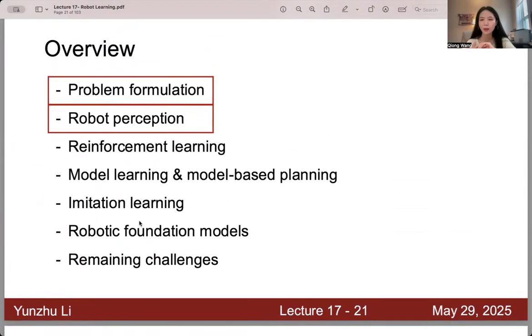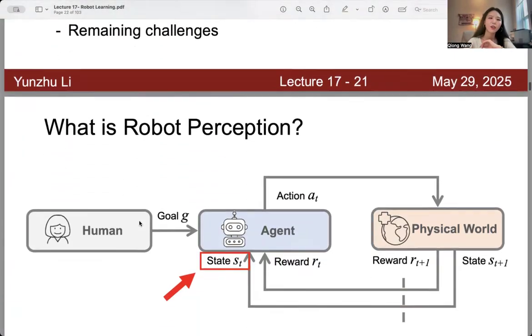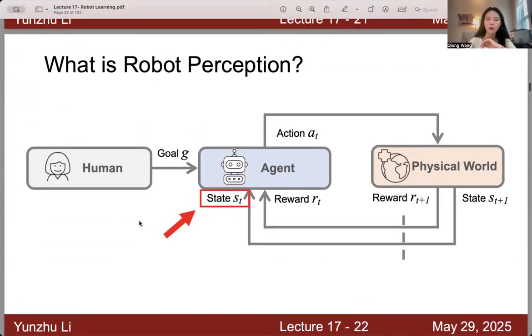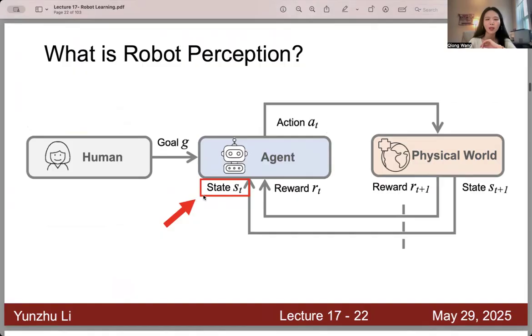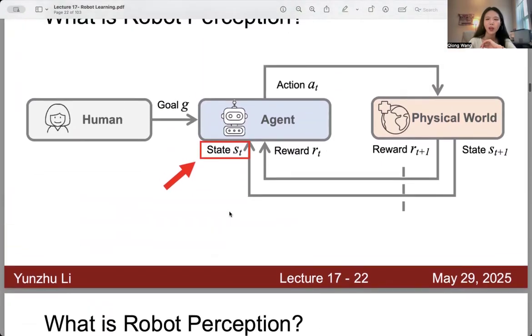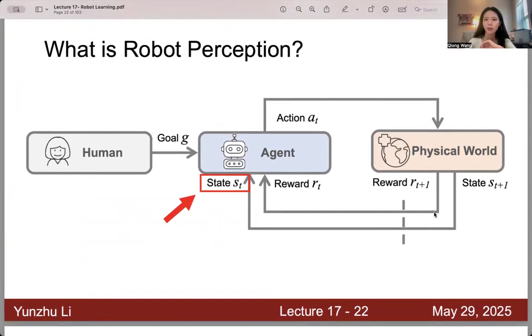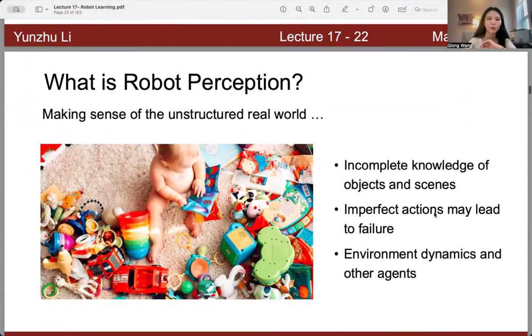Okay, next we'd like to talk about robot perception. What is robot perception? It's about the state, S_t, which comes from the physical world, making sense of the unstructured world.